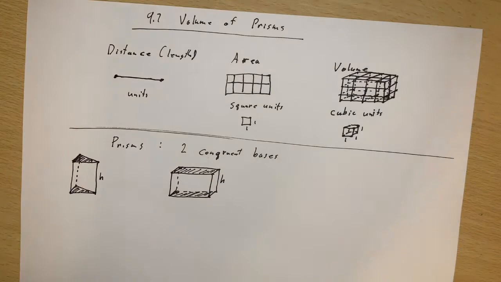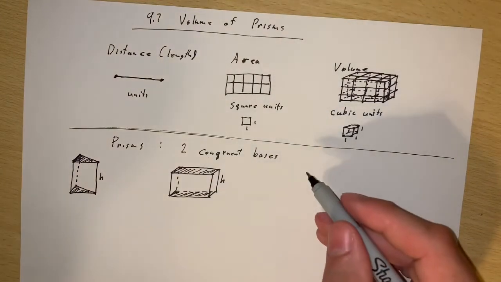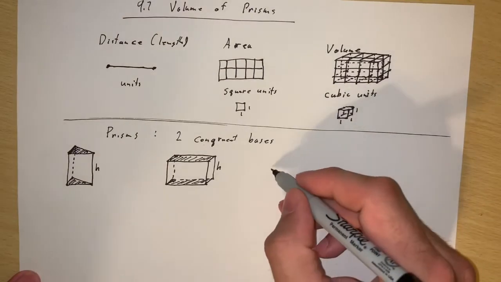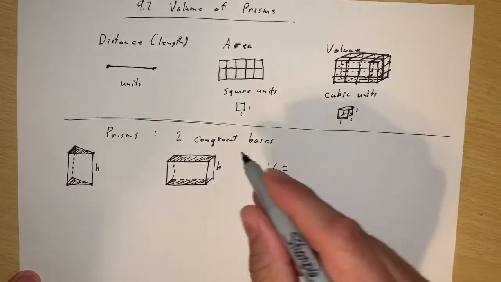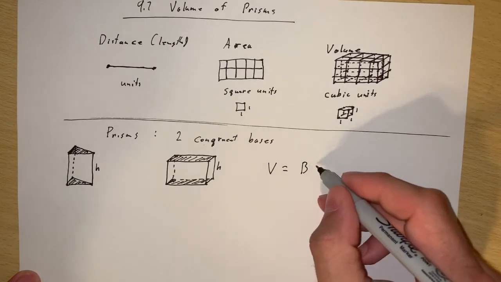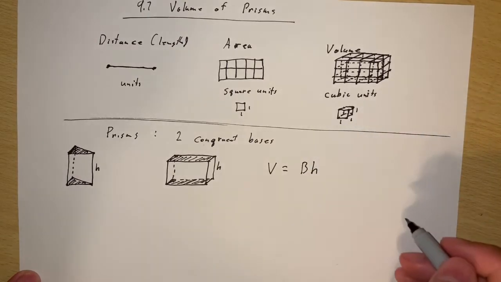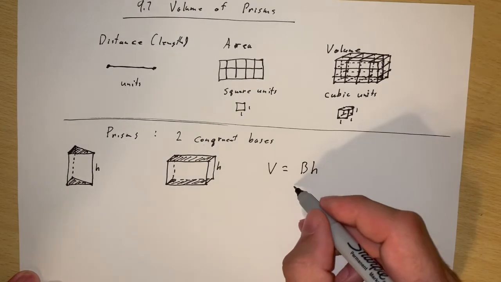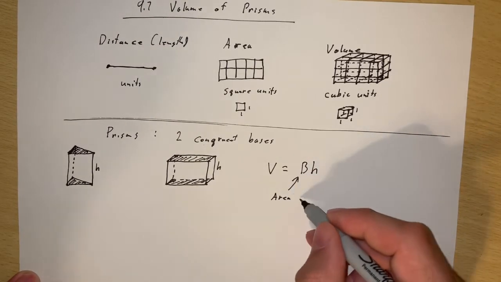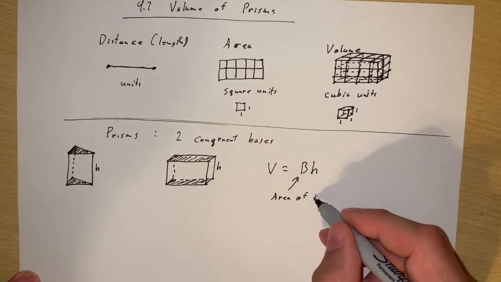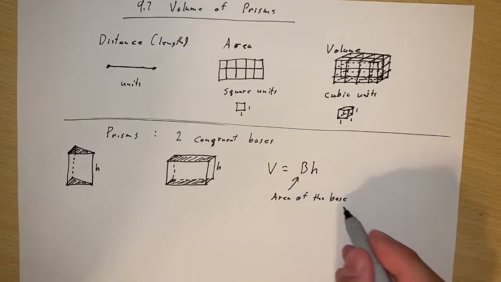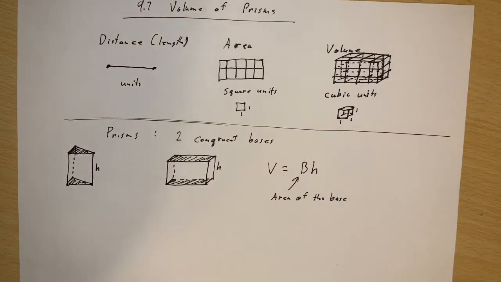So those are prisms. The formula for the volume of a prism is very simple. The volume of a prism is B times H, capital B. B represents the area of the base, the area of just one of the bases.